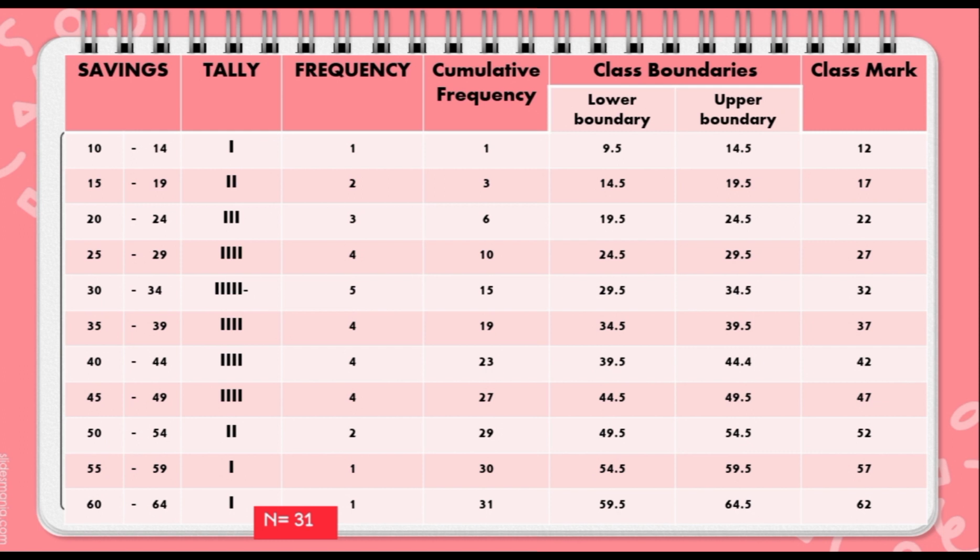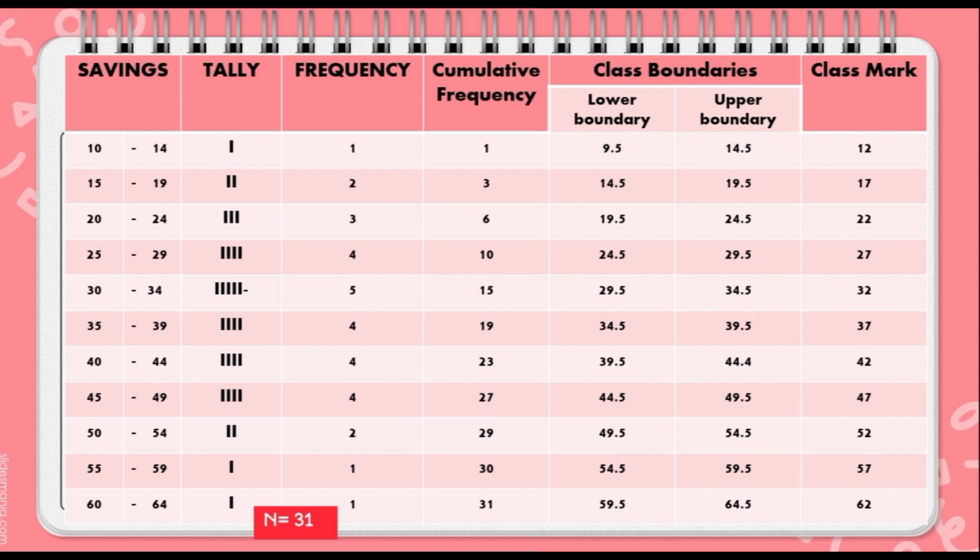Alright, for our class boundaries, as you can see, it is divided into 2 parts, which are the lower boundary and the upper boundary. So in order to solve for class boundaries, we simply look at the class interval. In our first class interval, we have 10 to 14. So 10 here is our lower limit and 14 is our upper limit.